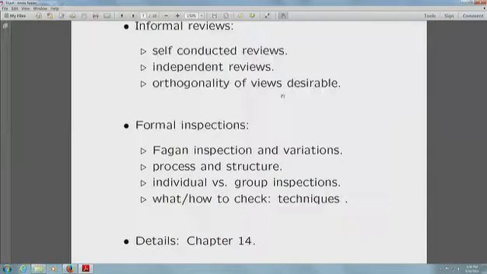Then you need to follow a process. The process generally consists of some preparation, some group activity, and some follow-up. In the original Fagan process, you have some planning and then 5 steps.